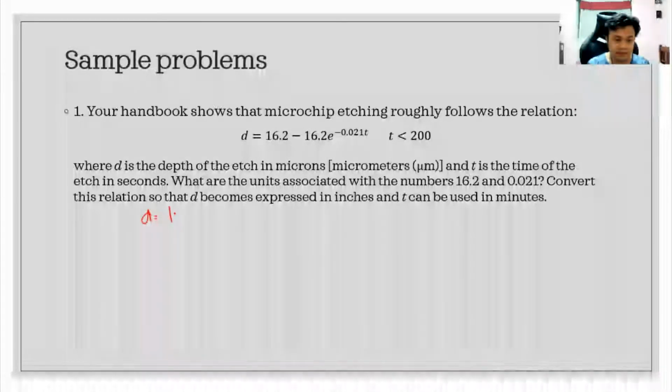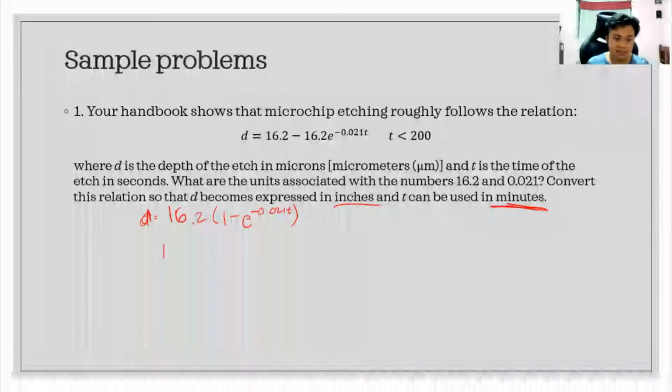Let's just factor this 16.2 out: 16.2 times 1 minus e to the negative 0.021 t. To convert these numbers to inches and minutes, you must multiply them by their conversion factors.